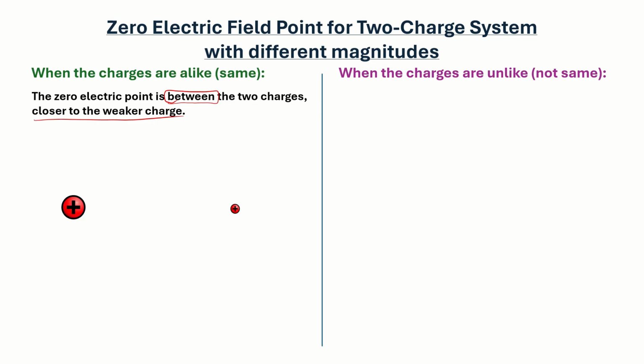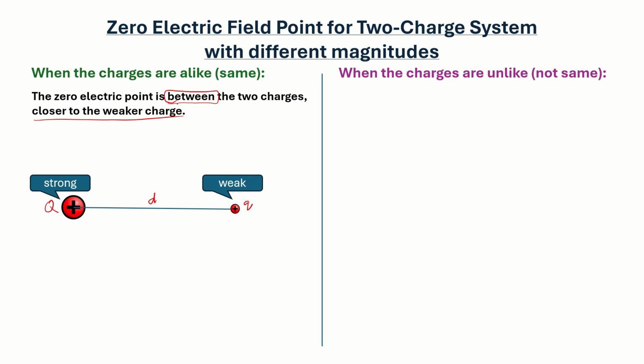Let's take the two charges. The distance between them, let's mark it D. Remember, D is the distance between the two charges. One is the stronger charge, another one is the weaker charge. Mark the strong charge as capital Q, weak charge as small q.